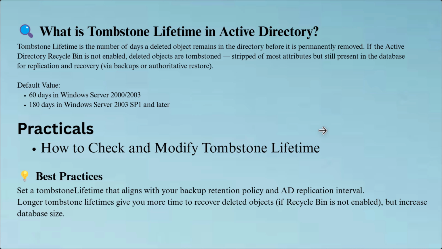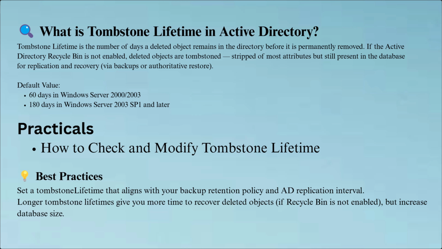Now we will look into how to check and modify this Tombstone Lifetime. The best practice is to set a Tombstone Lifetime that aligns with your backup retention policy and AD replication interval. Longer Tombstone lifetimes give you more time to recover deleted objects, but it increases the database size.